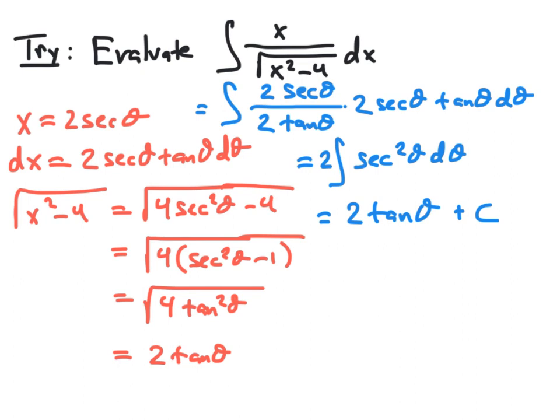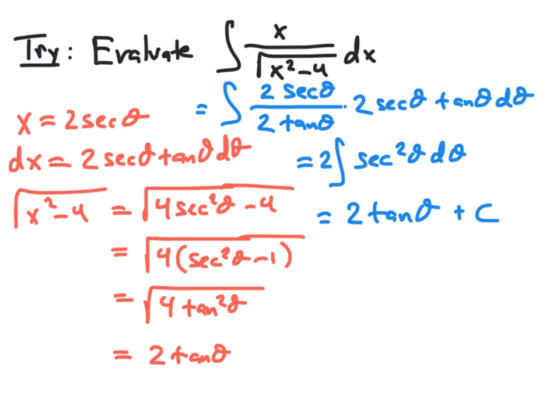We substitute x, the square root of x squared minus 4, and dx into our original integral, and we obtain the integral of 2 secant theta divided by 2 tangent theta multiplied by 2 secant theta tangent theta d theta.